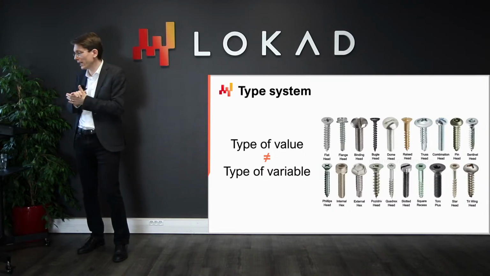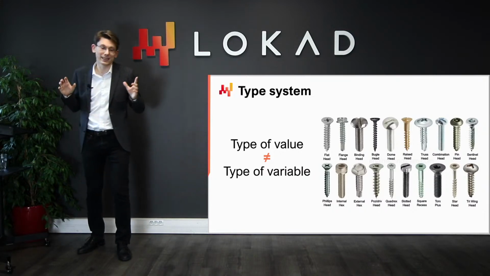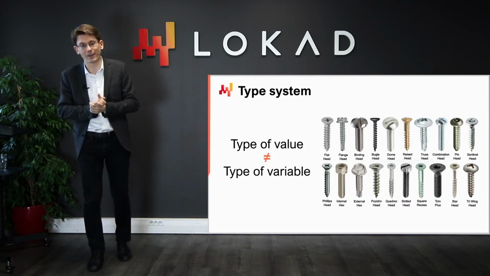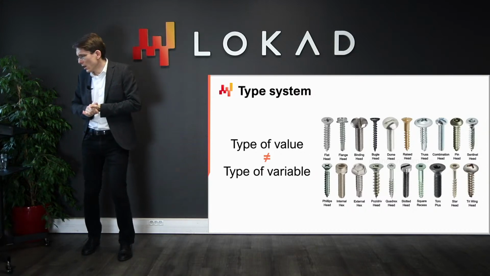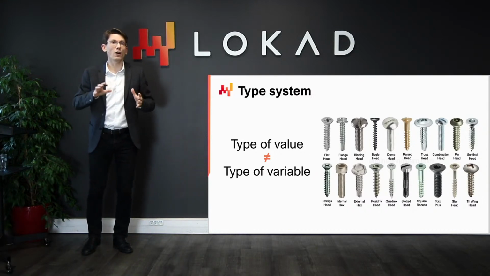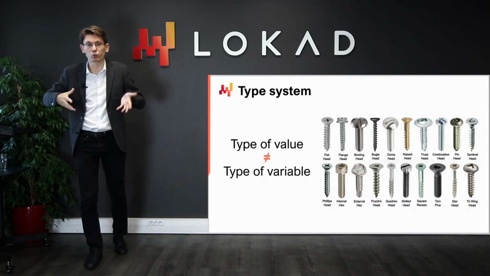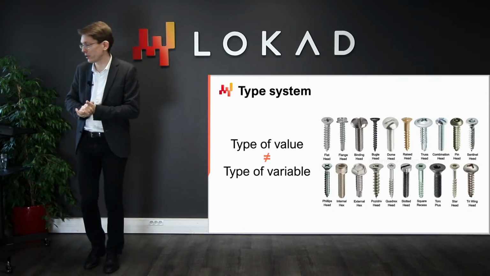However, to shed some light, we need to clarify that there are two kinds of types, and those two are very, very frequently confused. We have the type of values, and it's something that only exists at runtime when the program is actually running.